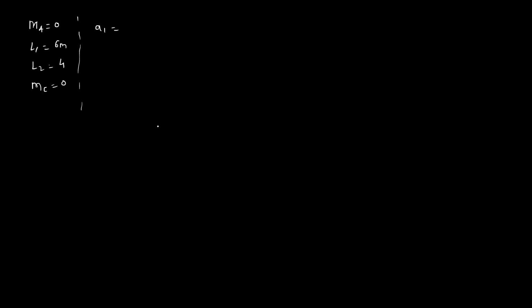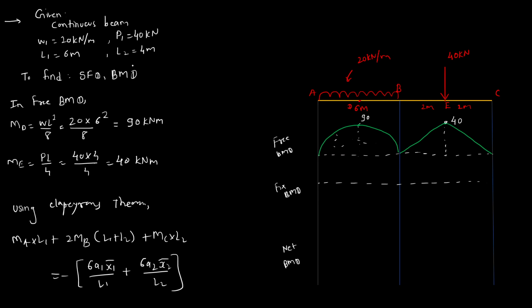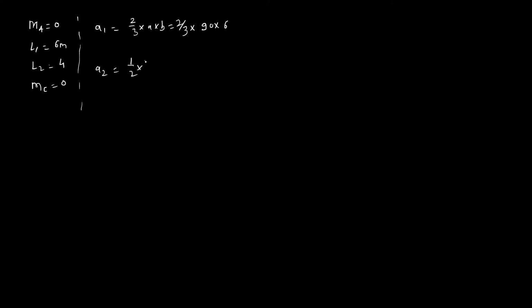About A1, that is the area of the first diagram. This is a parabola, so 2 by 3 times of 90 into 6, and A2 is a triangle, so half into base into height, half into 4 into 40.